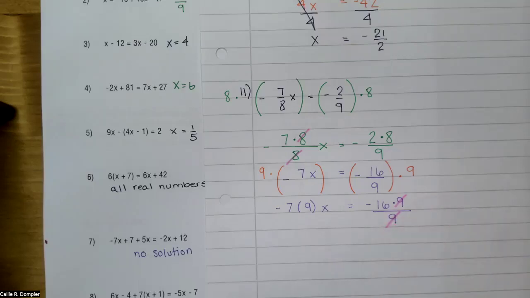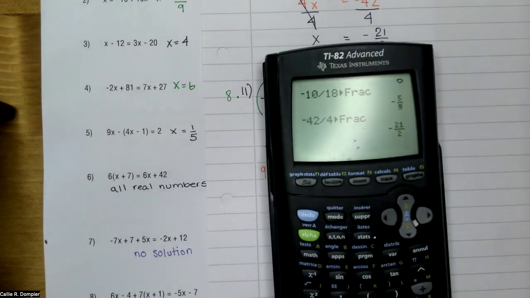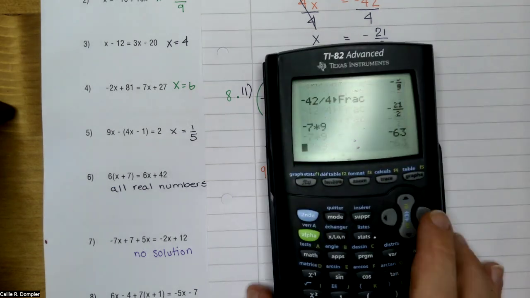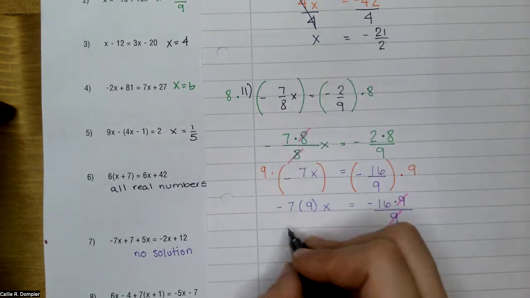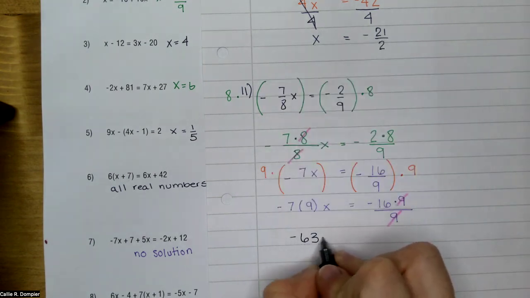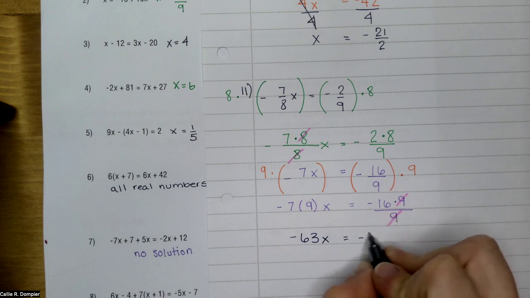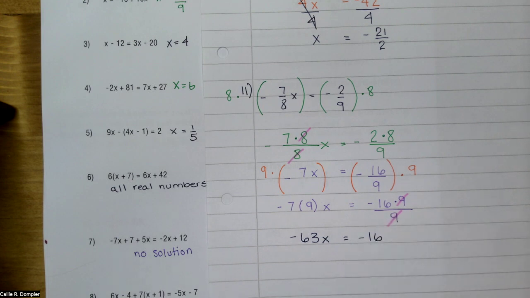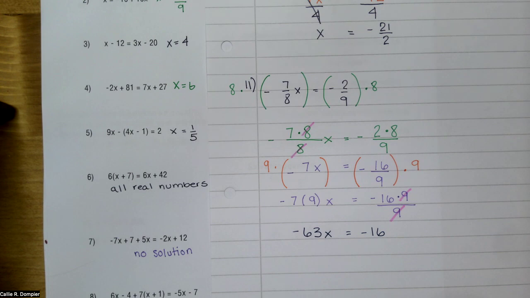Those cancel. Negative 7 times 9 is negative 63. So we have negative 63x is equal to negative 16. Good.